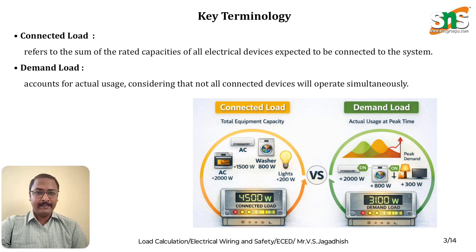In this class we have broadly classified electrical loads as resistive, capacitive and inductive. The subcategories of loads are connected load and demand load, which have been discussed in this video.